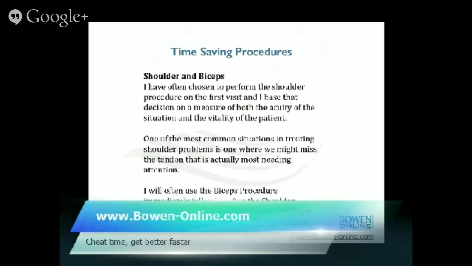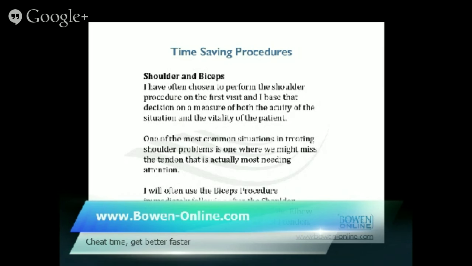And I measure the acuity of the situation along with the vitality of the patient. So the more acute and vital the patient, the more likely I'll be doing the procedure. But if there's been a chronic problem, long-lasting shoulder pain, I'll be more careful and wait and see what changes after one visit for this patient.